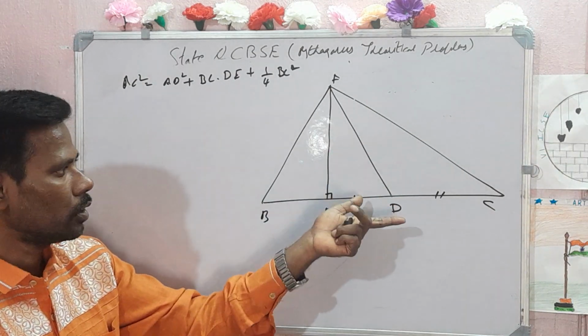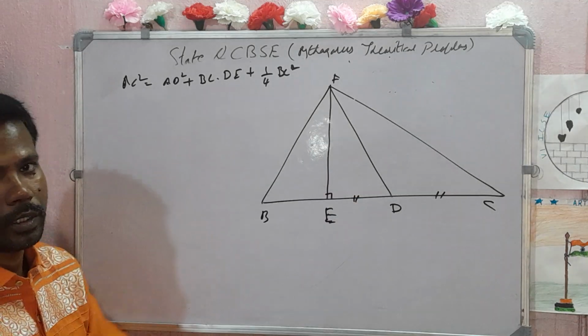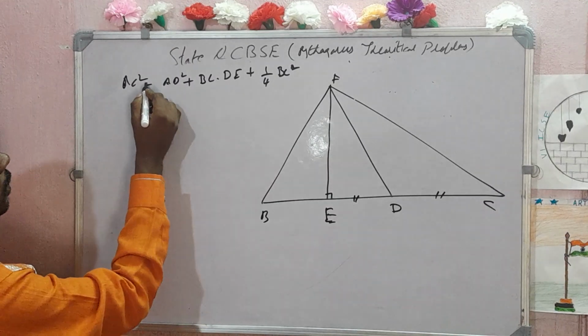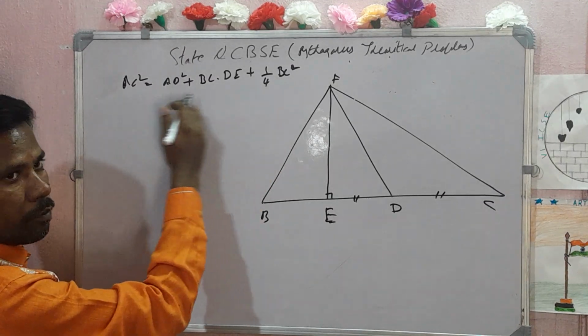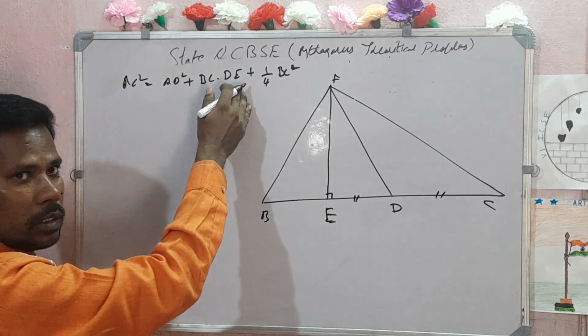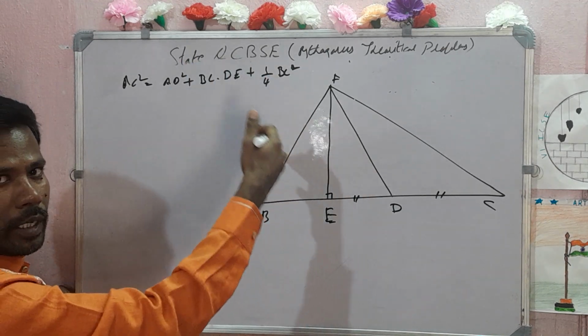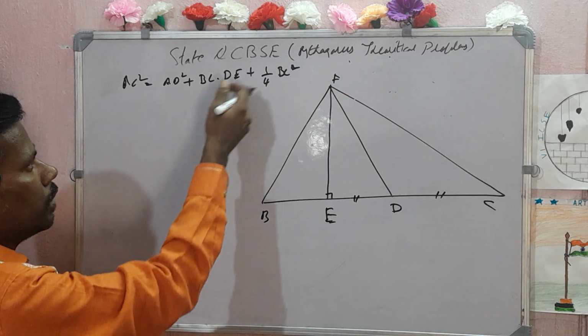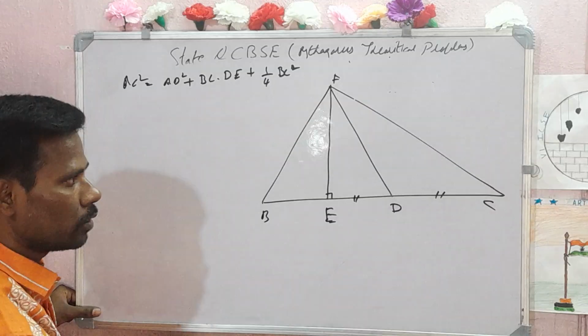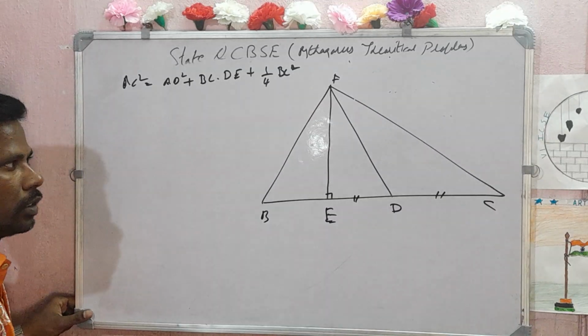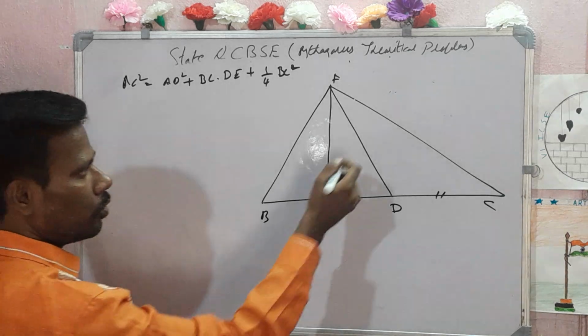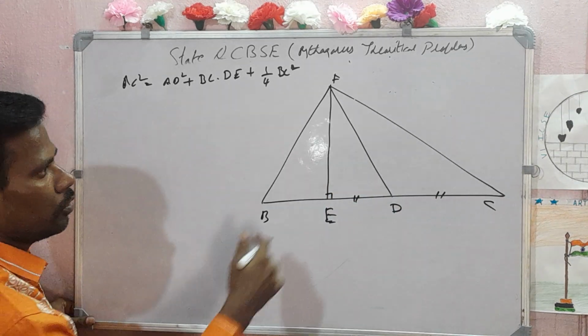Square on the hypotenuse is equal to the sum of squares on the other two sides. You have to apply that here. They have given a very big proof, so seeing this one will get confusion. But it's nothing like that. Just go on, apply Pythagoras theorem, you will get the solution.